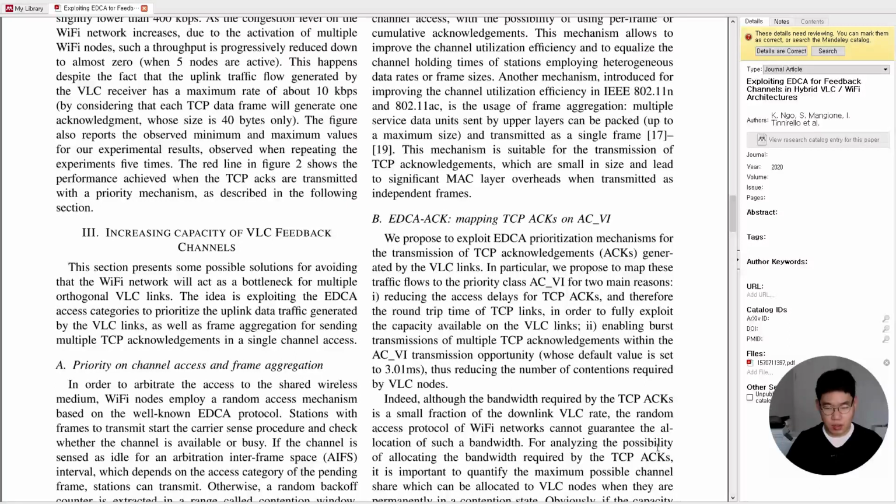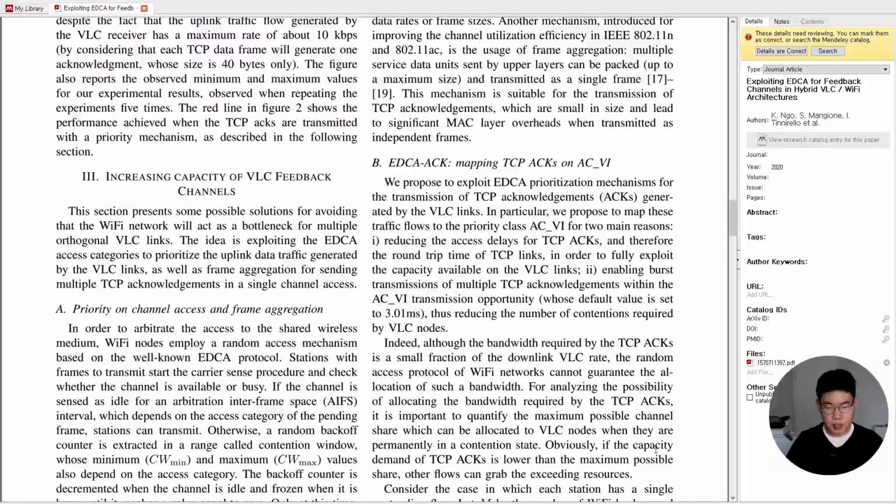For analyzing the possibility of allocating the bandwidth required by the TCP ACKs, it is important to quantify the maximum possible channel share that can be allocated to a VLC node when they are permanently in a contention state. Obviously, the capacity demand of TCP ACKs is lower than the maximum possible share. Other flows can grab the exceeding resources.